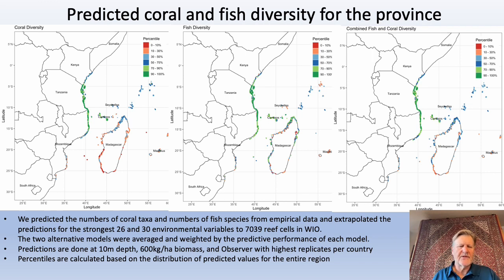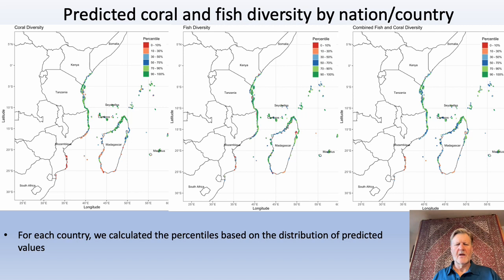So in many cases what you're seeing is the likelihood of biodiversity in the absence of certain human impacts such as heavy fishing. This allows for a fair comparison of sites across all of these 7,039 cells. Another issue for making fair comparisons is the spatial delineation of the distribution of the data.